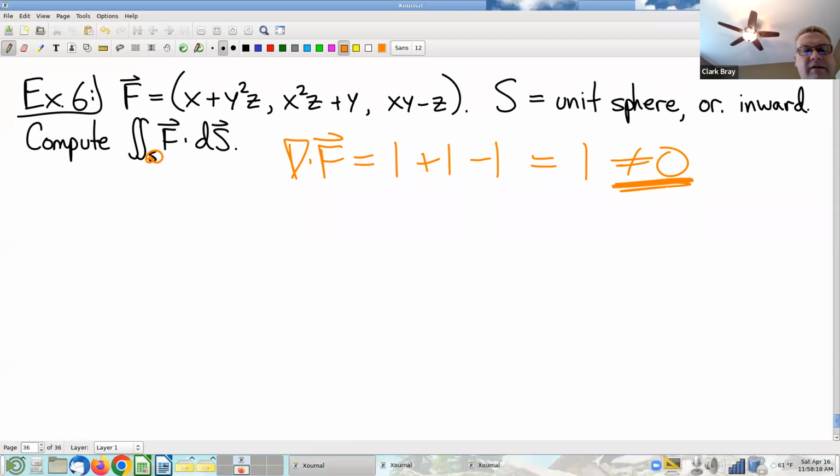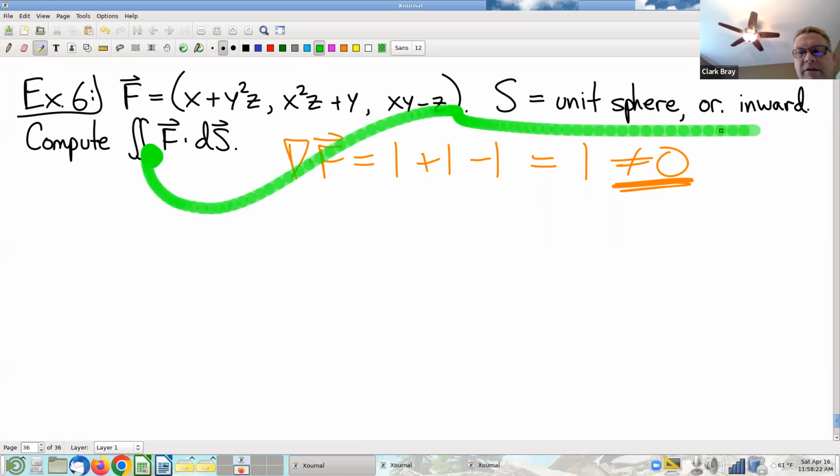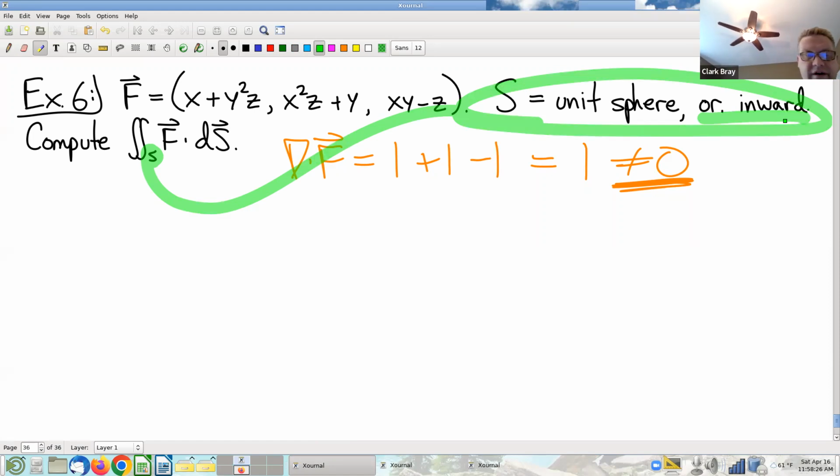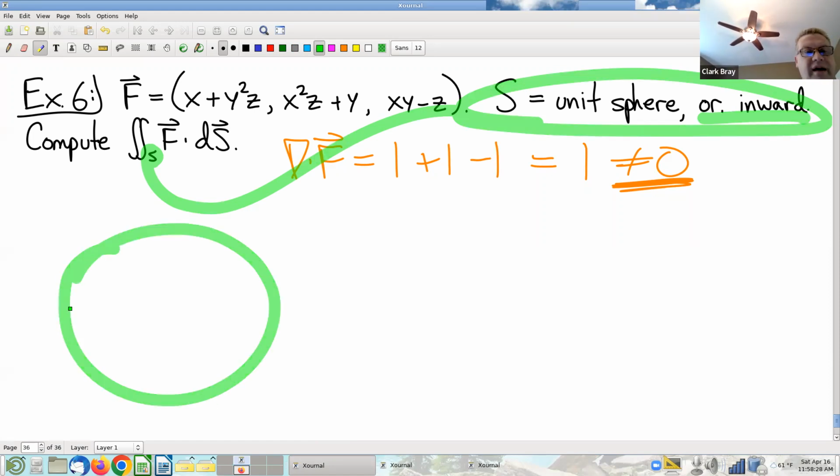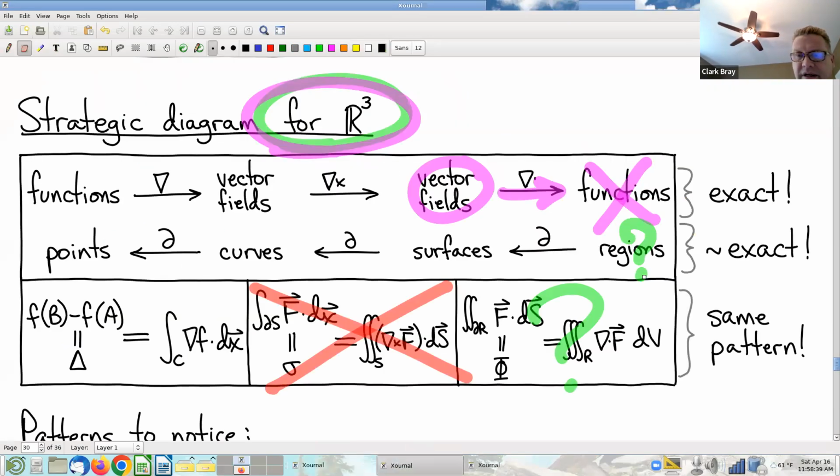Our surface is the sphere. And we have an orientation issue, but the sphere encloses a solid. There is this solid on the inside there. So this is looking good, actually. There is an anti-boundary region.